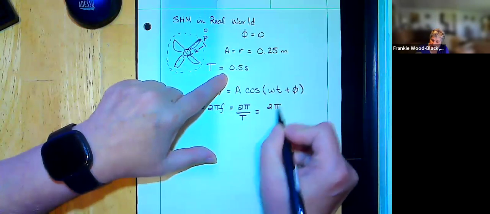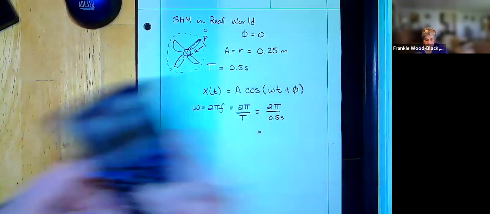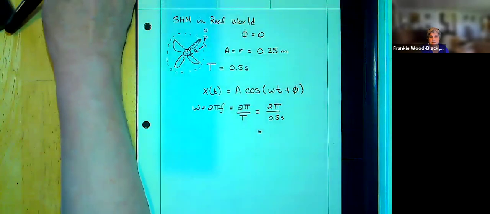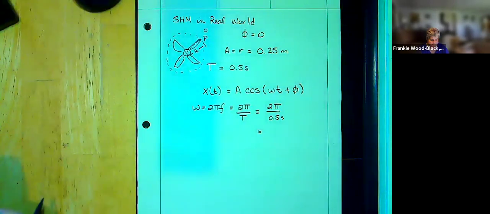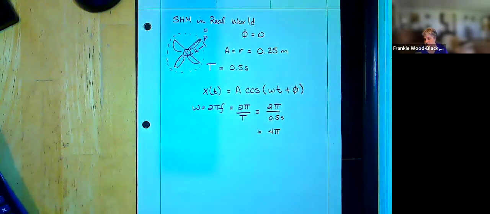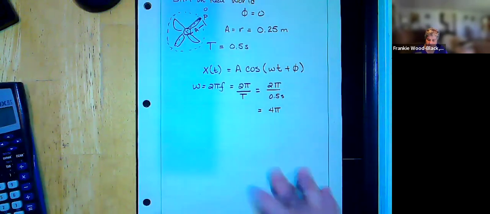I got 2 pi divided by 0.5 seconds, which is going to equal 4 pi. And I could write that out as a number, or I can leave it as 4 pi.